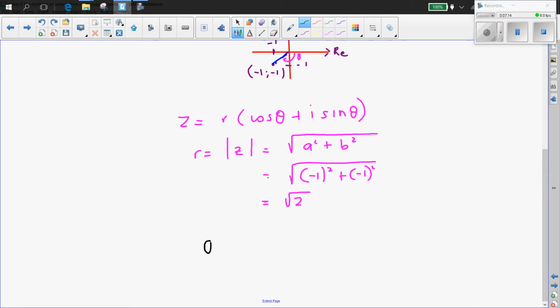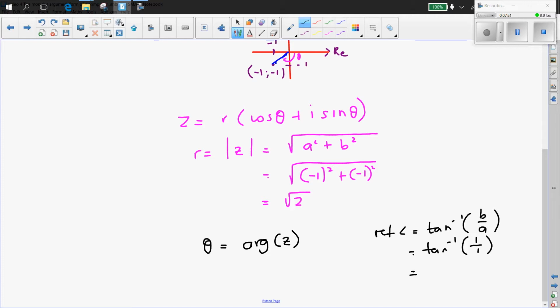Theta equals the argument of z. Once again, we are measuring in the reverse direction, so theta is going to be negative. Let me first find my reference angle. My reference angle is going to be arctan of b over a, which is arctan of 1 over 1.